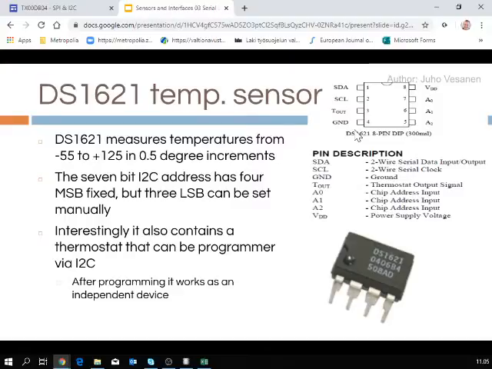You can use it as a temperature sensor, but there's also an internal comparator that you can write a value to, and if the temperature goes higher than that, there's a line to drive, for example, a transistor to turn on either ventilation or heat or whatever, or just turn on the light.